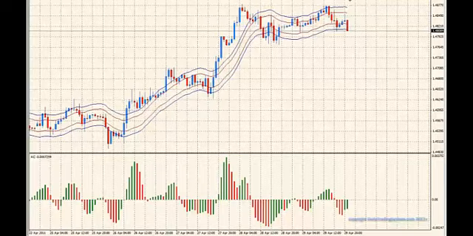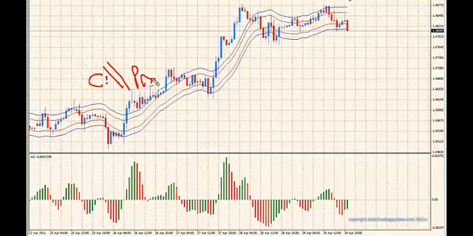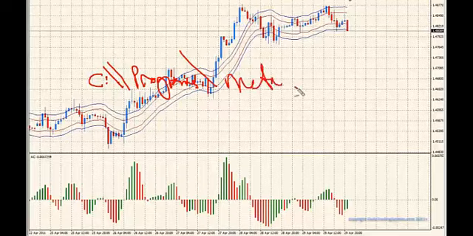Once you've applied the template, and if you don't know how to apply the template to your chart, all you need to do is, once you've installed it on your PC, go to the programs folder, then go to the MetaTrader folder, whatever the name is, and inside there you'll see the templates folder.